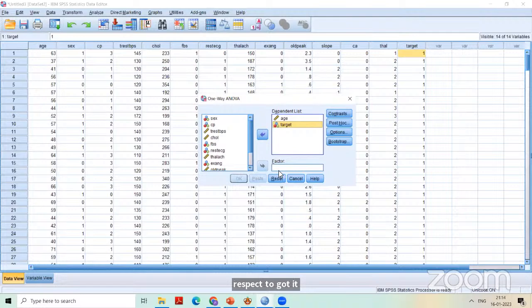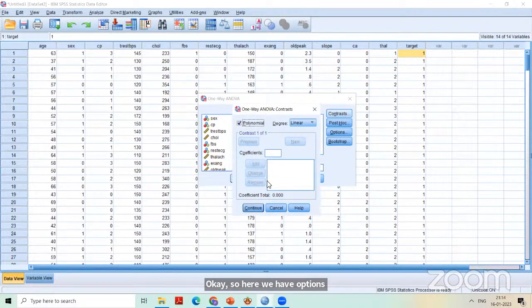Okay. So here we have options. Contrast, polynomial, coefficients. I don't want to add any coefficients.